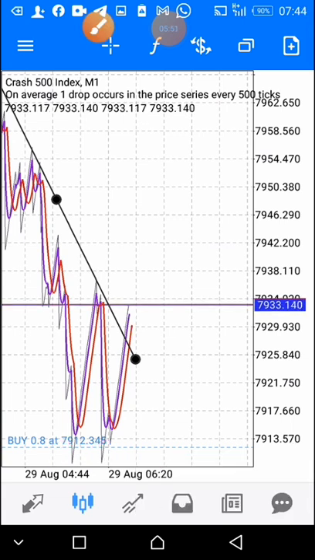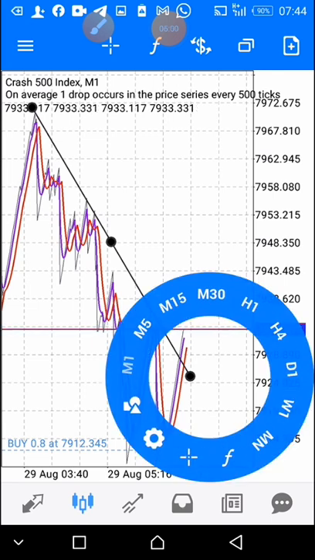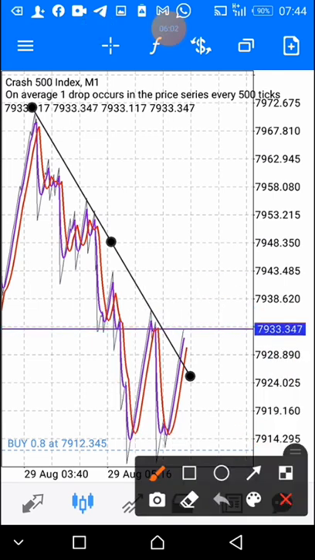So what happened is that I saw it had formed a double bottom, and then I used my trend line. You can see the trend line.